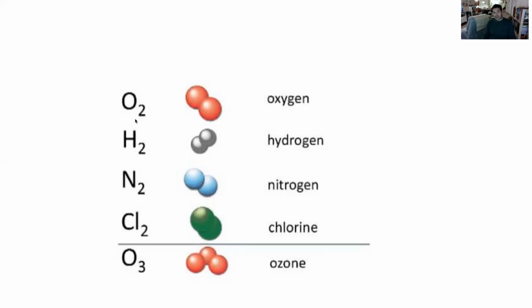All right, the 7 diatomics, they are hydrogen, nitrogen, fluorine, oxygen, iodine, chlorine, and bromine. And the way I was taught it and the way I remember it is a little poem, all right? The first letter of each part of the poem triggers a different element. So it is have no fear, all right? So that's hydrogen, nitrogen, oxygen, fluorine.